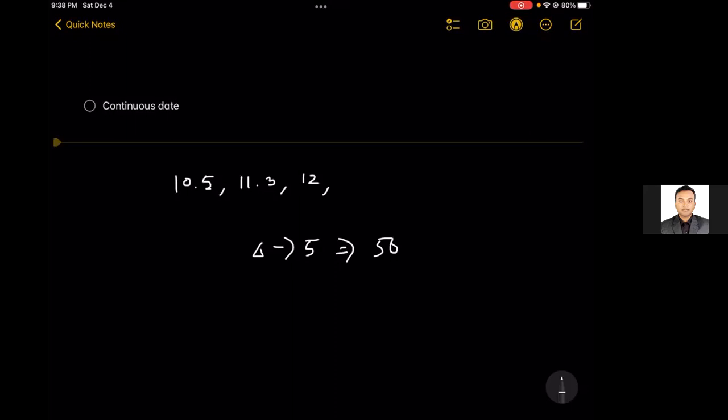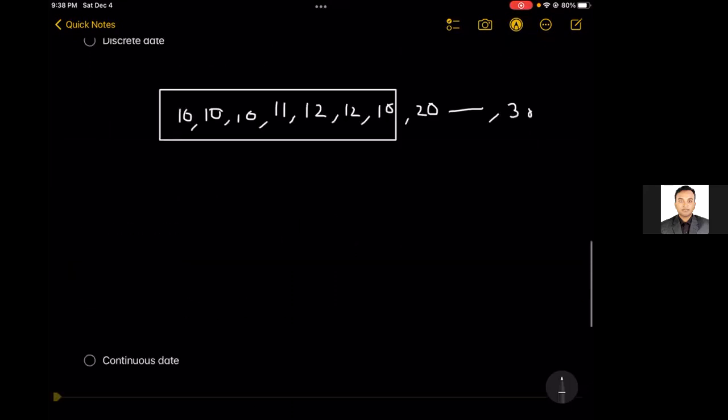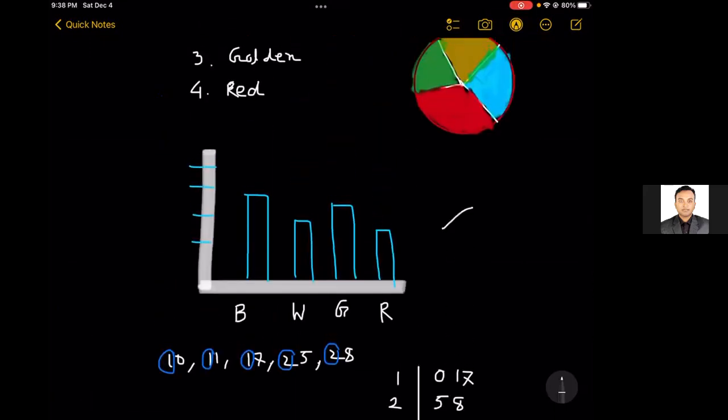How about bar graphs? Again, for bar graphs, generally we have whole numbers because we have shapes like this. Obviously, we can work with decimals like 12.5 or 15.5, if it's half or quarter. But if we have, for example, 12.3 or 11.7, then it may not be a very good option.